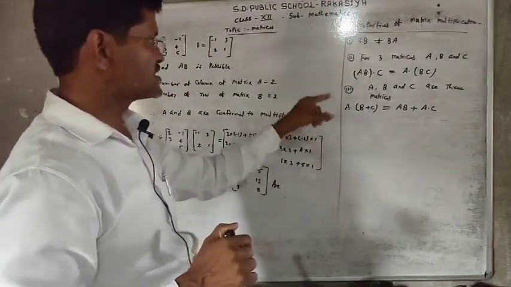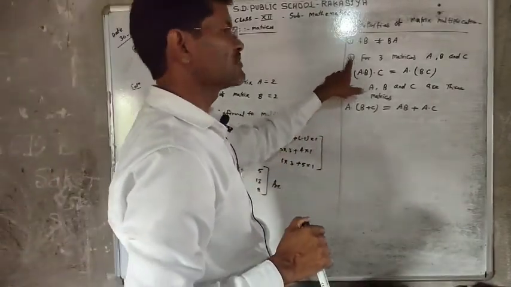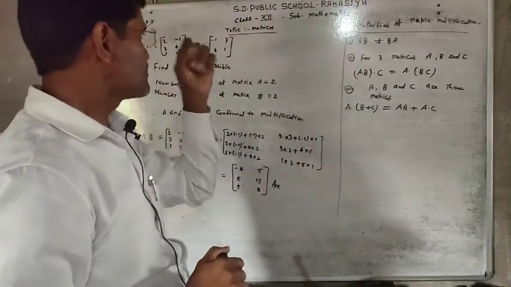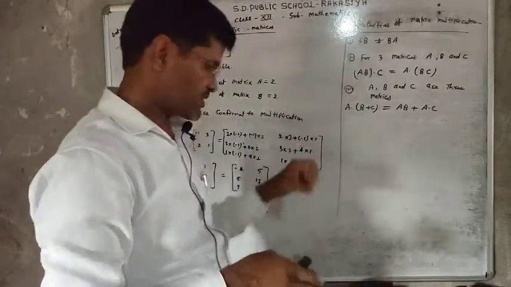Matrix multiplication is distributive, matrix multiplication is associative, but matrix multiplication is not commutative.